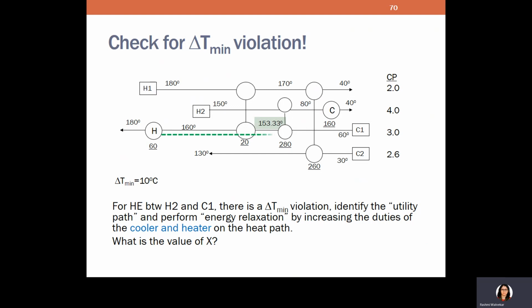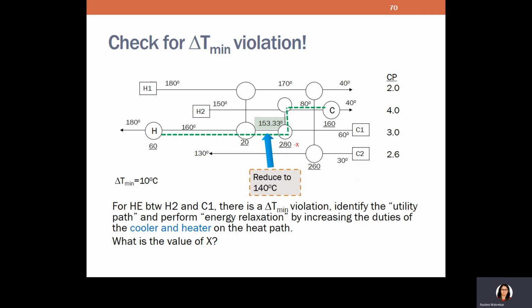So for that, we have to reduce the temperature of this to say 140, so that we have a 150 minus 140 Celsius difference. When we reduce the temperature, again the heat duties connected within the path will change.